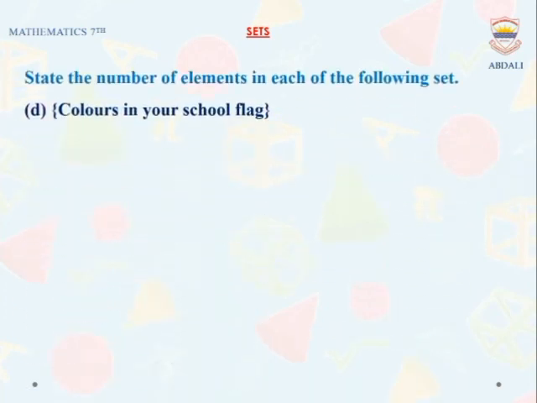Now the next part is we have to write colors in your school flag. So when we think about the Pakistani flag, it has two colors which are green and white. So you have to think about your school flag and write how many colors there are. So this part you will do by yourself.